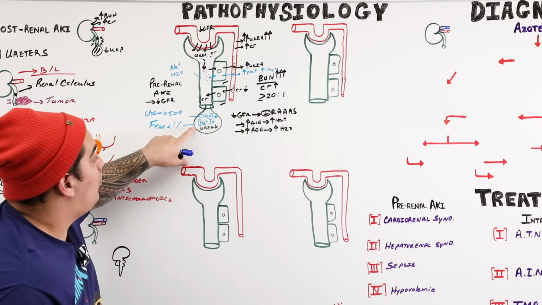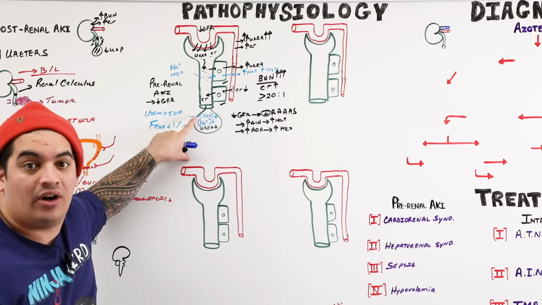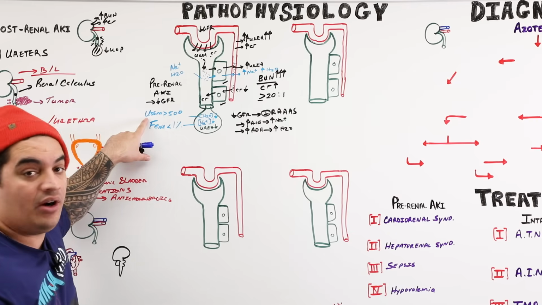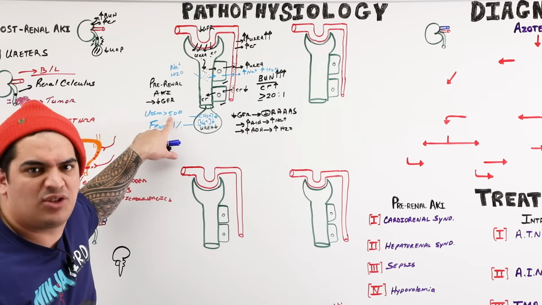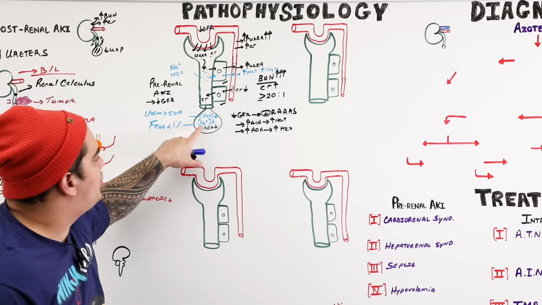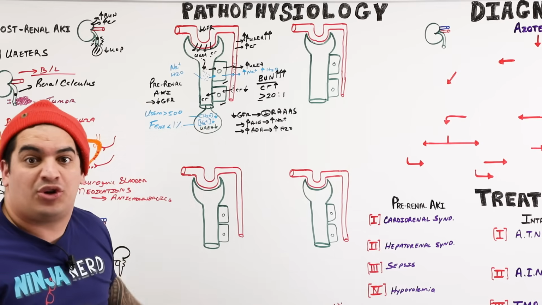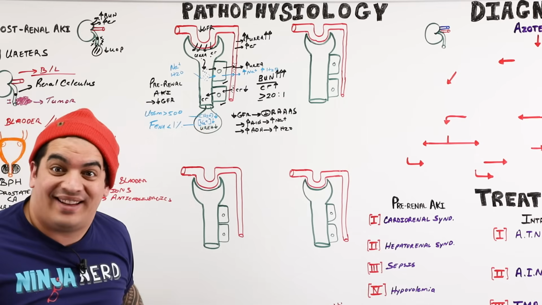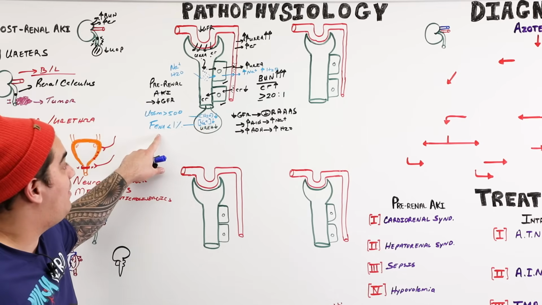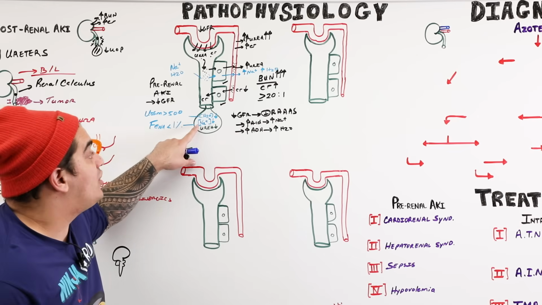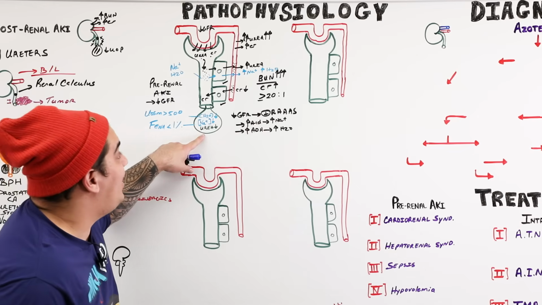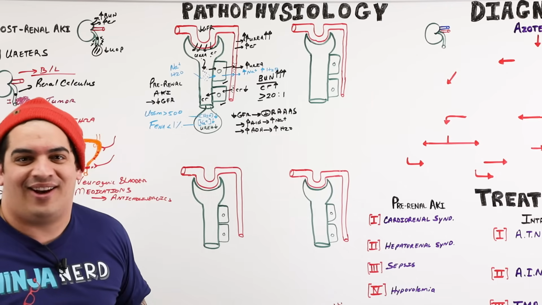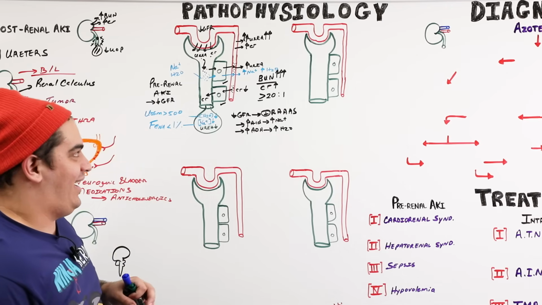But less of the sodium and less of the water end up in the urine. So you end up with concentrated urine, osmoles greater than 500. The higher this number is, the more concentrated it is, the less water there is. Your sodium inside of the urine is going to be low because you're reabsorbing it. So the fractional excretion of sodium is less than 1%. The urine sodium is low, usually less than 20. And the amount of urea is also low. Okay? That is pre-renal AKI.